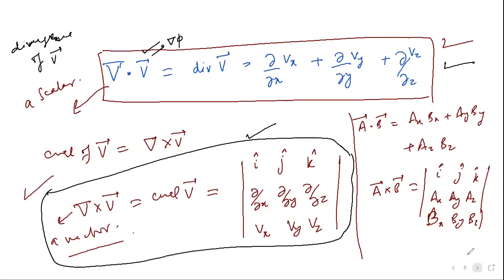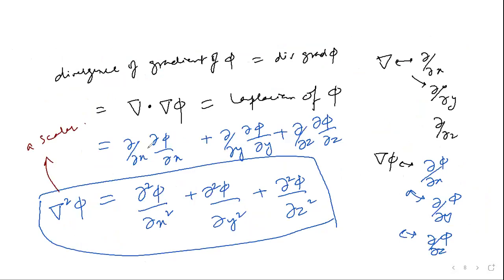Then we have, missed one page, okay. Then we have a divergence of gradient of φ, right? That's called Laplacian of φ. That's a scalar quantity, right?